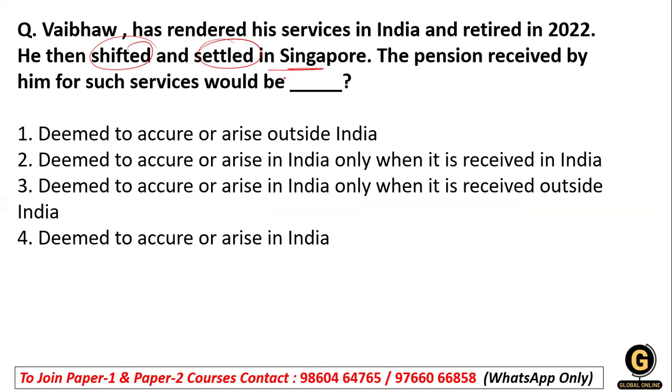The pension received by him from such services would be: deemed to accrue or arise outside India; deemed to accrue or arise in India only when it is received in India; deemed to accrue or arise in India only when received outside India; or the fourth, deemed to accrue or arise in India. So what is happening here? The pension received by him for such services would be deemed to accrue or arise outside India. So option number 1 is the right answer.